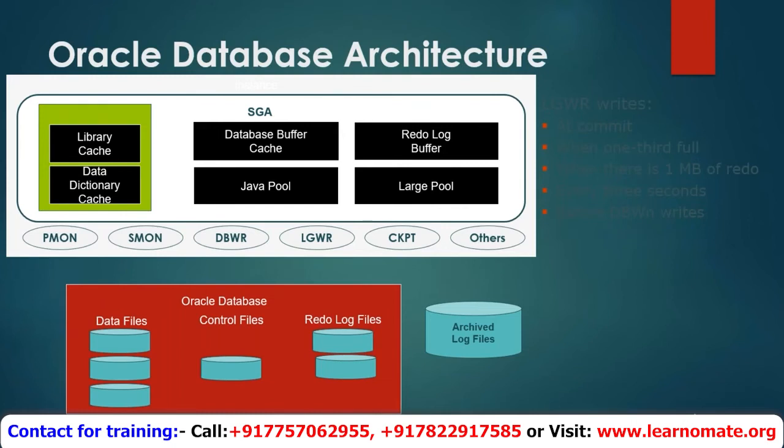The redo log file is used for any change data capture tool. Along with that, it is used for redo purposes. Say for example, you did some commit into the database. You inserted some 100 records. Before those 100 records could be written from the database buffer cache to the data file, your database got shut down abruptly.